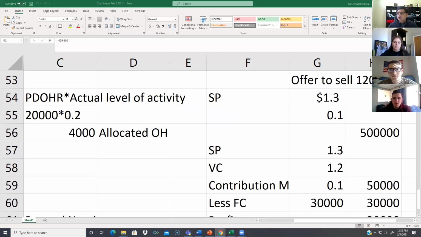So any questions from that last class in terms of allocating overhead? What is an overhead? What is an overhead rate? And how do you compute overhead rate? Yes, please. Anything you would like to ask? I'm giving you the opportunity to ask.